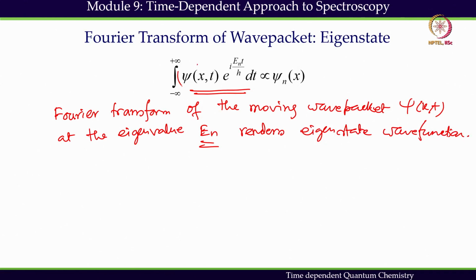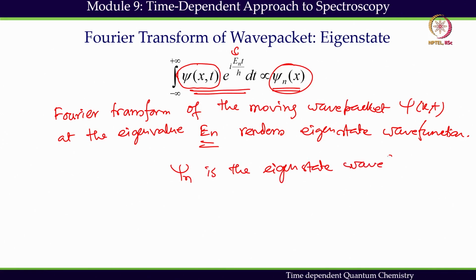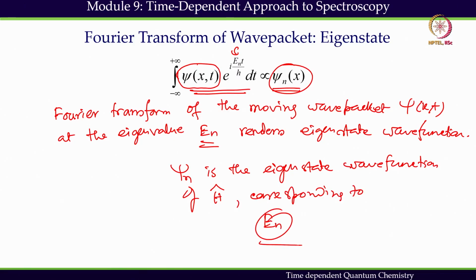So if I Fourier transform the entire wave packet at that energy En, then I get back the corresponding eigenstate wave function, which is psi n. And here psi n is the eigenstate wave function of the Hamiltonian corresponding to the eigenstate energy En.